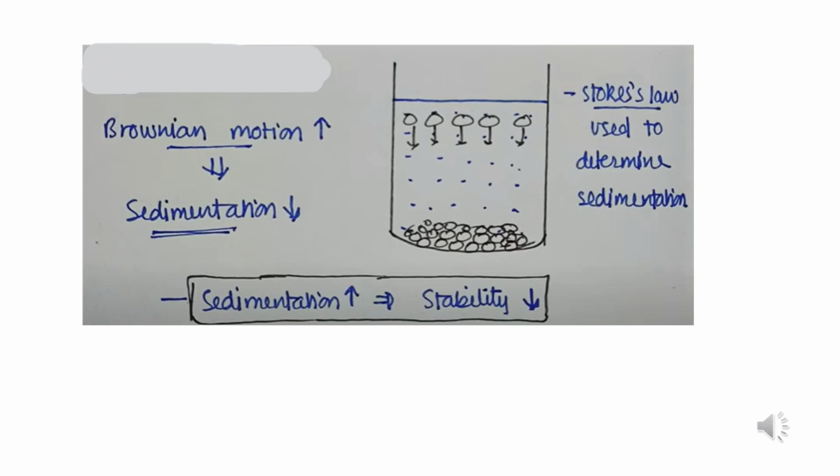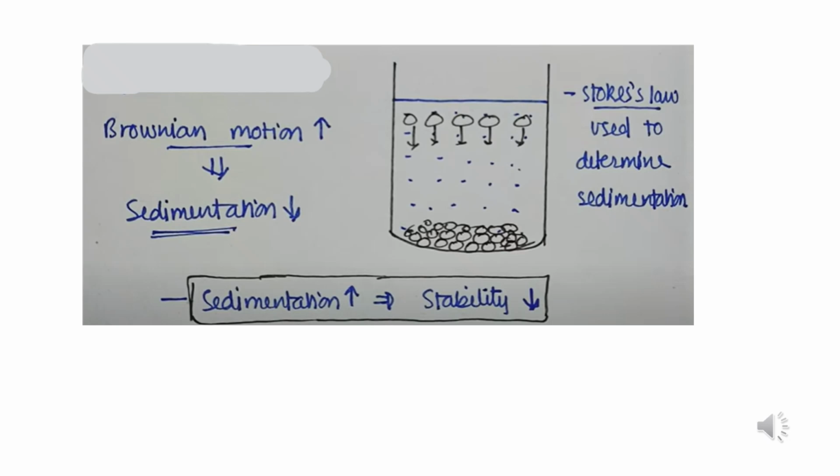Brownian motion provides kinetic energy that keeps the colloidal particles dispersed. Gravity, or sedimentation, pulls the particles downward, and the stability of the suspension depends on which force dominates. If Brownian motion is stronger, the particles remain dispersed in the medium and the system is stable.